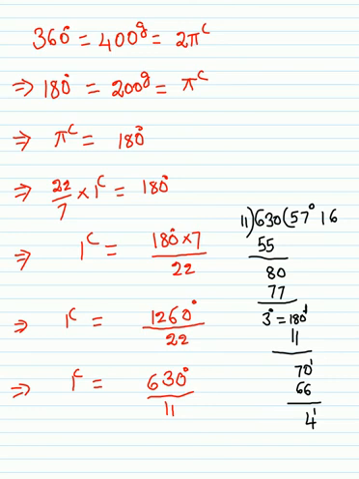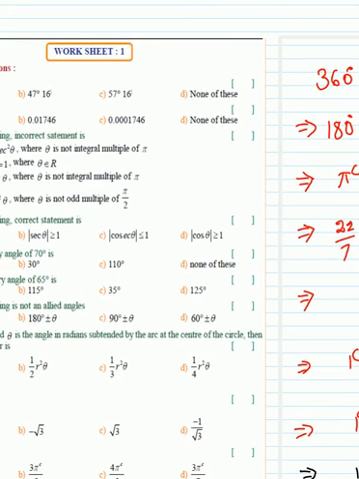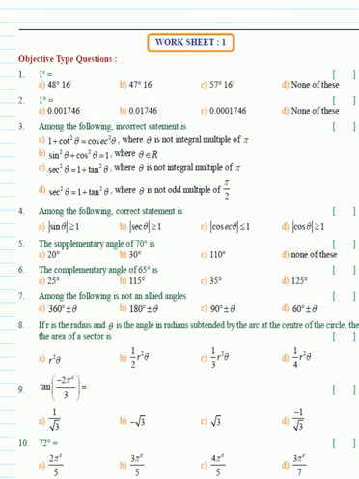So approximately 1 radian is equal to 57 degrees 16 minutes. So the first question answer is Chennai.